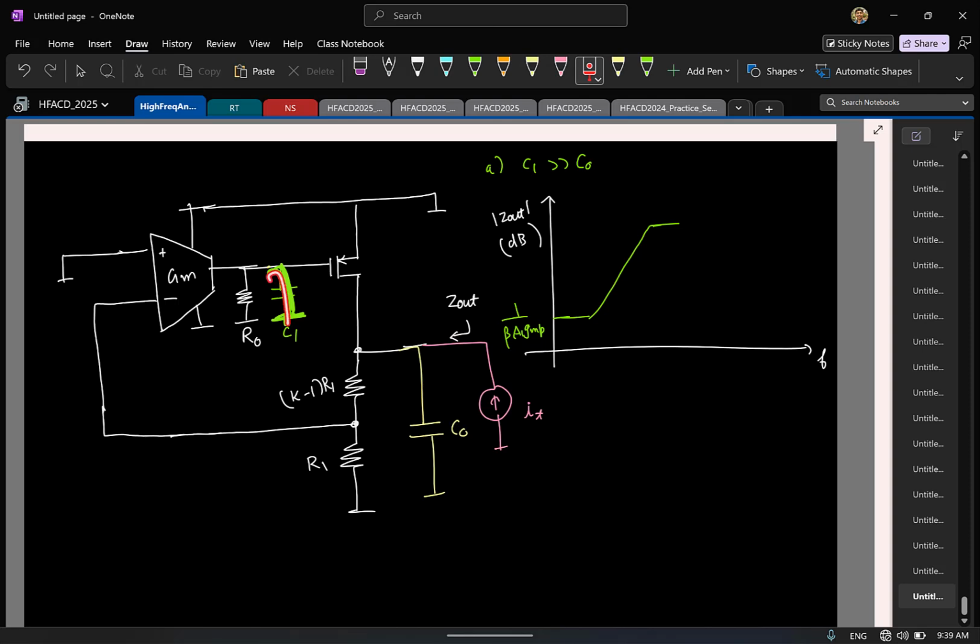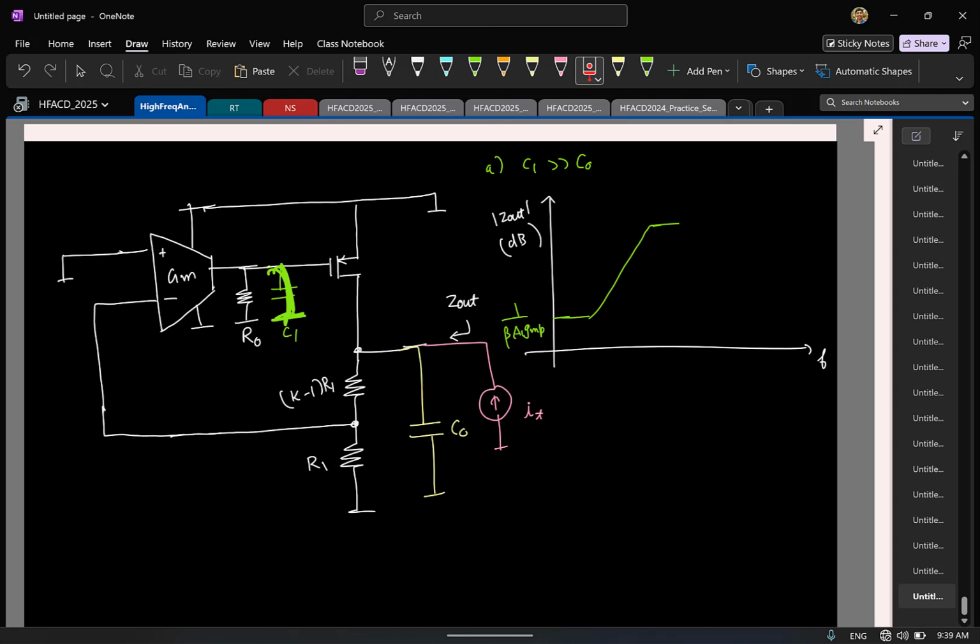But when I short one of the capacitors, the output is not 0. So what can you infer from that? There is a 0 in the circuit, and that you can clearly see, right? Because of the 0 is where you have an increasing pole. So in a way, this capacitor C1 contributes to a 0 as well as to a pole. That's why it increases and then sort of flattens. Make sense?